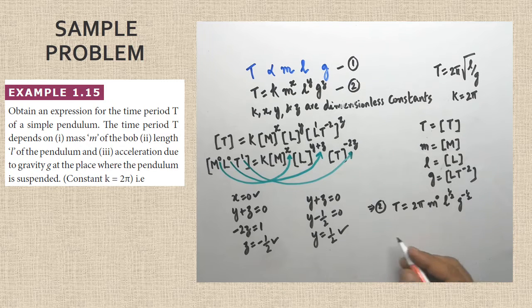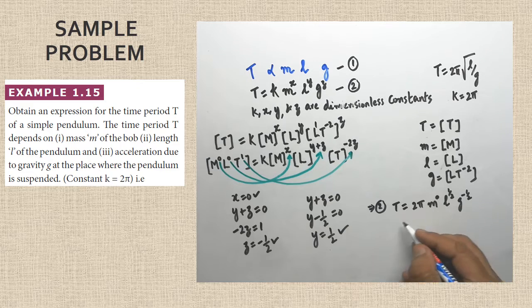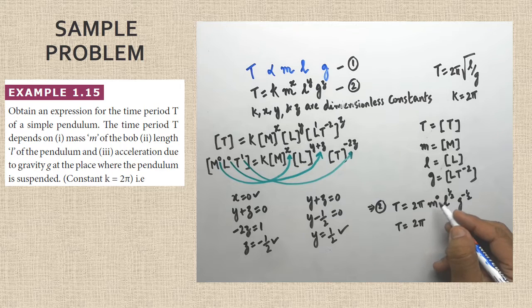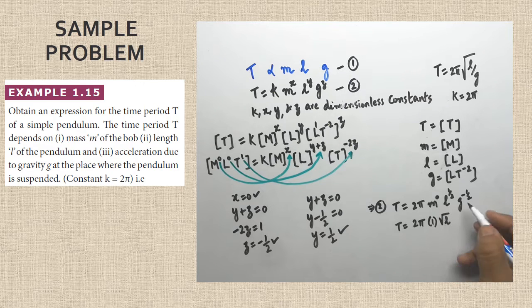So everything is written here. Anything power 0 is 1. Therefore M won't be present now. If 0 is there as the power of any factor, that one becomes 1. L power of half can be written as square root of L. G power of minus half means that should be brought down to the denominator, but square root must be written.